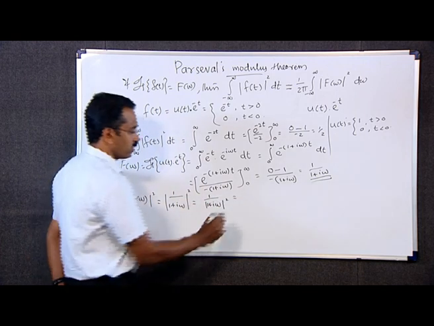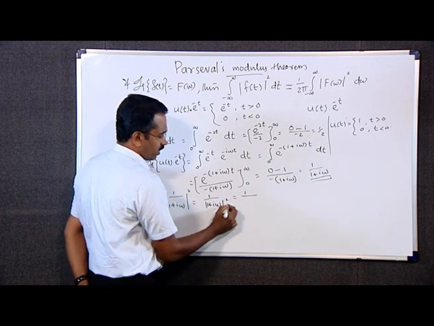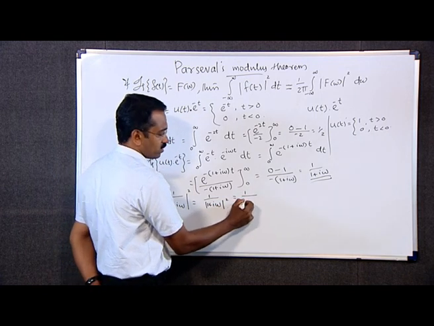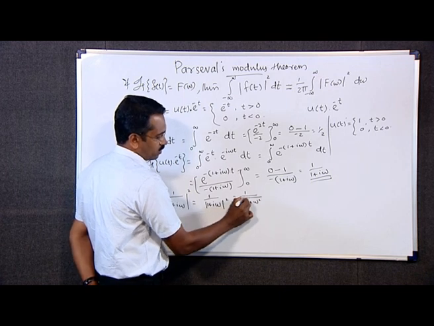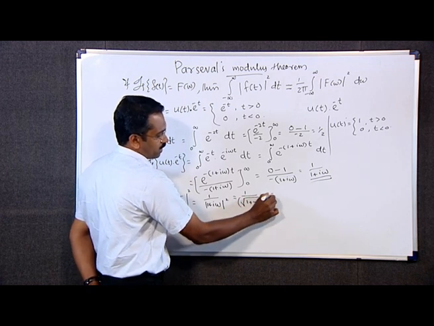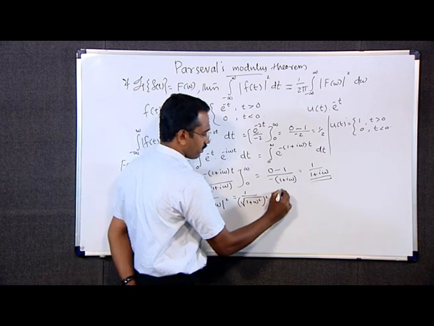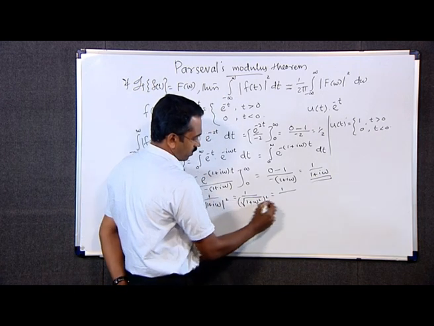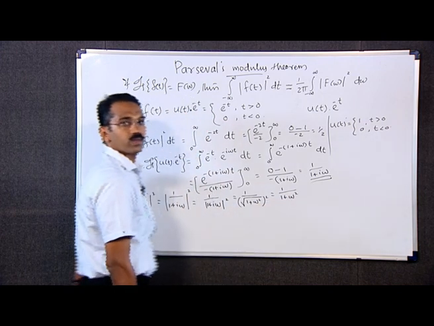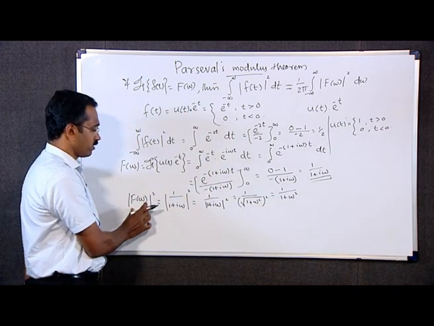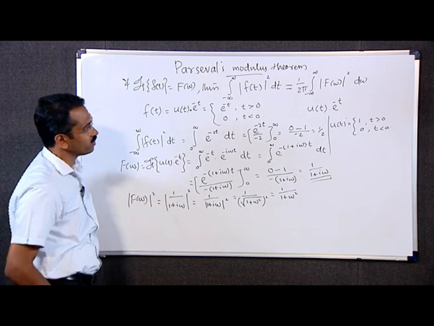That is 1 by modulus of 1 plus i omega, which is root of 1 squared plus omega squared, the whole squared, that is 1 by 1 plus omega squared. This is modulus of f of omega, the whole squared.